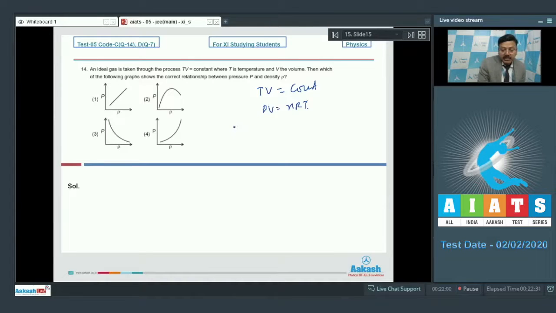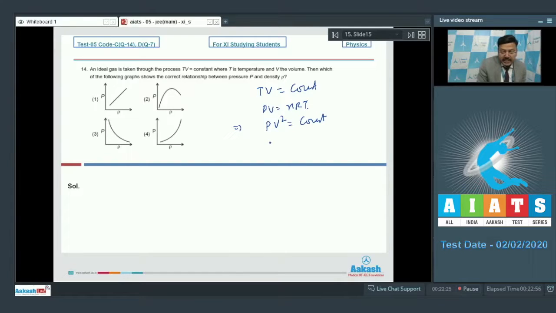So that means we effectively have P into V square is a constant. If we substitute T is equal to PV by nR in this equation, this is what we are going to get. So PV square is equal to constant, and we have to get a relation between P and density.